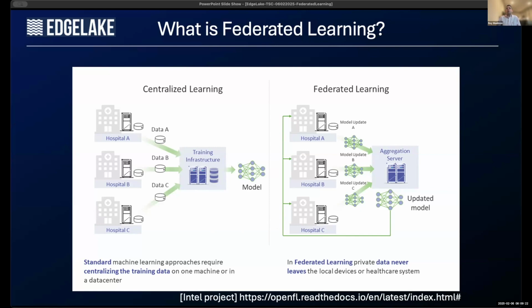Now, once these models are created, only the model moves to an aggregation server that is shared amongst all the entities. And once this centralized aggregation server receives all the models, it fuses these models into one model and then provides the model back to each entity. So what I'm showing here is that only the models move, the data remains physically in place at each entity.